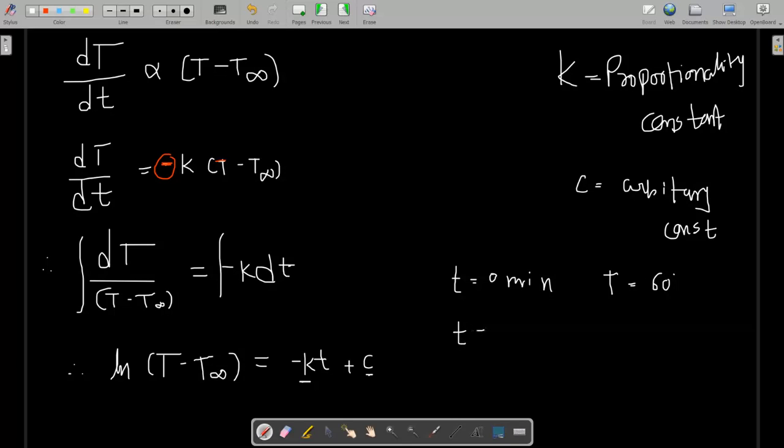And when 15 minutes have elapsed, the temperature is brought down to 40 degrees Celsius. This is equation number 1. So we use the first boundary condition: ln of 60 degrees minus 25 degrees is equal to minus k times 0 plus c.